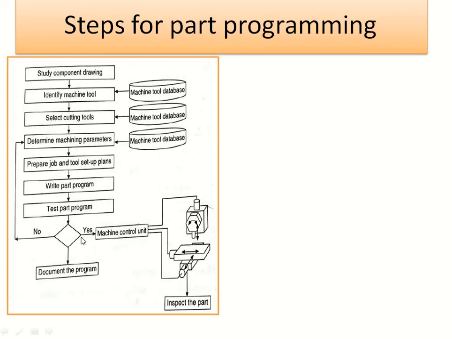After completion, we document the program, and if it is okay, we provide it to the machine through the controller and the machine runs it. A trial run is taken first, and inspection of the part is done. If it is okay, then we can go for production.